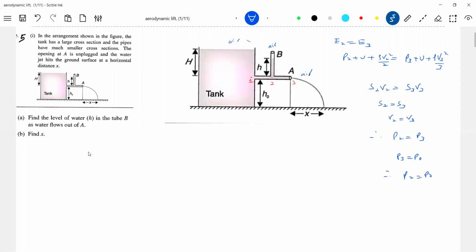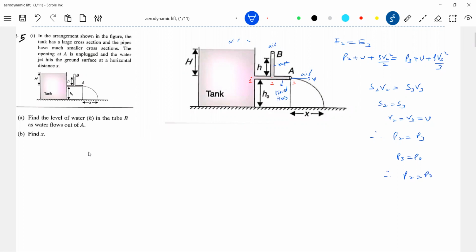Okay, let's write. And what is the state of liquid here? Here, liquid will be at rest. What about here? Flowing liquid. Liquid flows. What happened here? Liquid will be at rest. Is it fine?